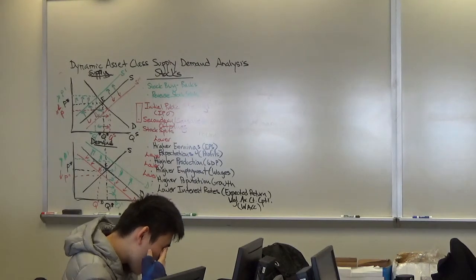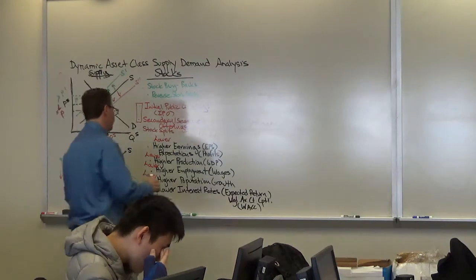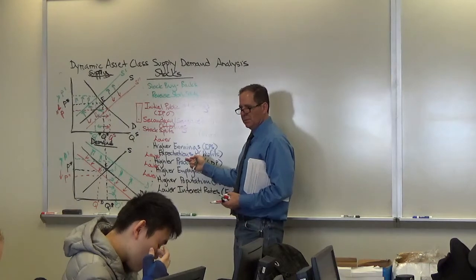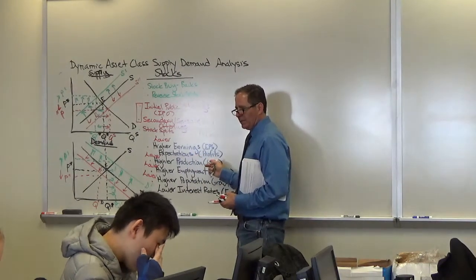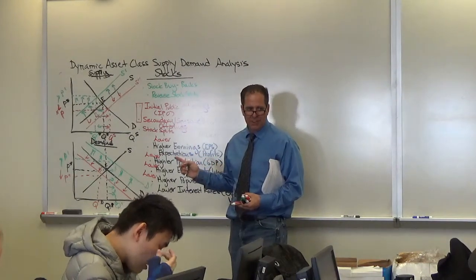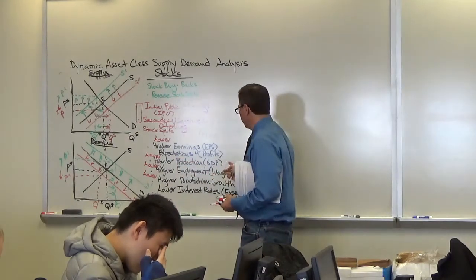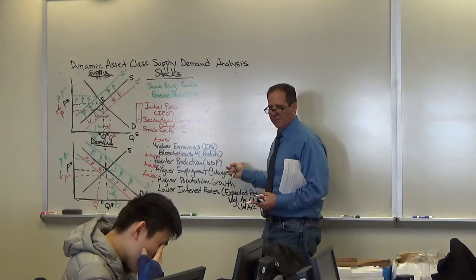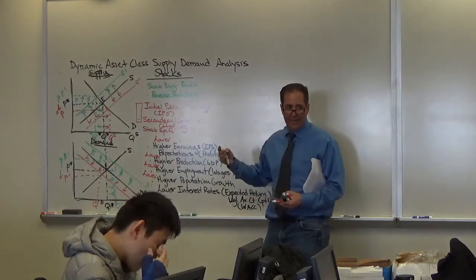So I came up with a list of a bunch of factors that could do that. One were higher earnings expectations, higher profit expectations for the company to create higher demand. Higher production for gross domestic product due to higher aggregate demand.